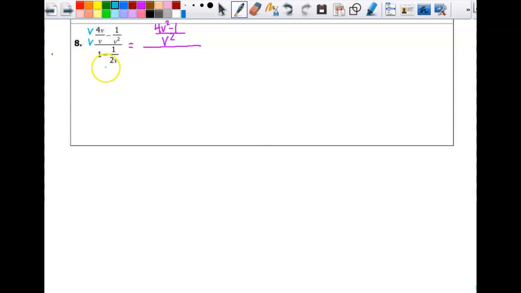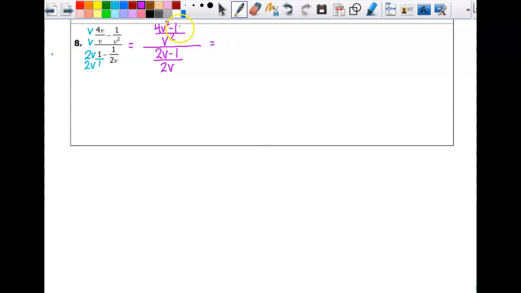Then the denominator, I'm going to make this into a fraction. My common denominator would be 2v, so I'll have 2v over 2v. And that will give me 2v minus 1 over 2v. Can I cancel out those 2v's? No. But now I have one fraction in the numerator, one fraction in the denominator, so now is when I can change it to multiplication.